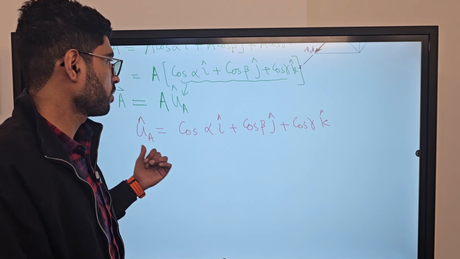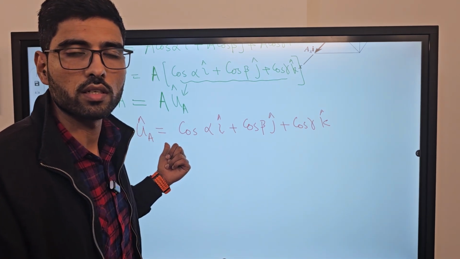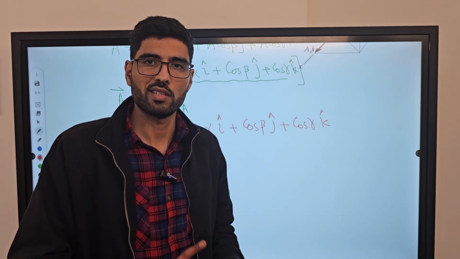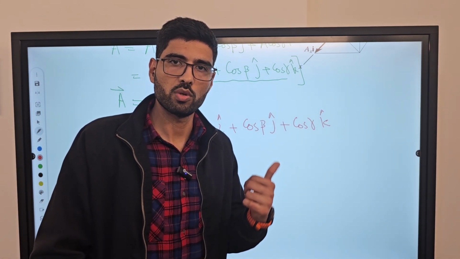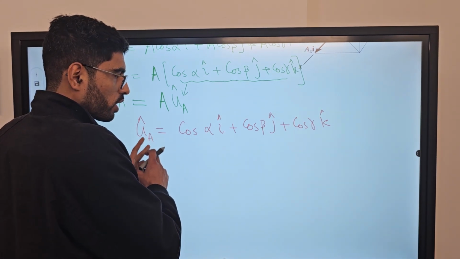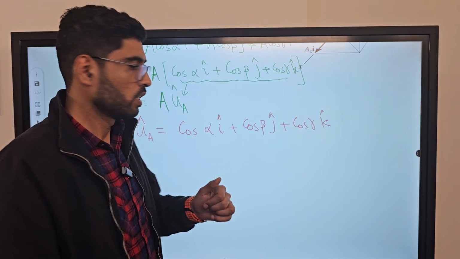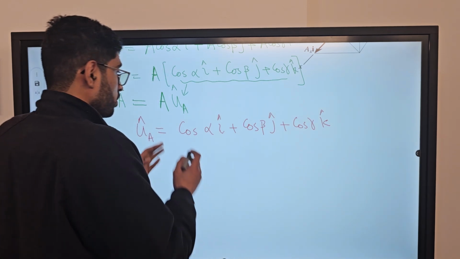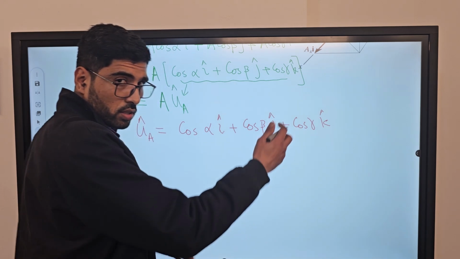And as we know, the magnitude of the unit vector is always equal to 1. The unit vector tells us only the direction. So if we find the magnitude of this unit vector, it must be equal to 1. Again, using the Pythagoras theorem, we find the magnitude by taking the sum of the squares of these components and then taking the square root.